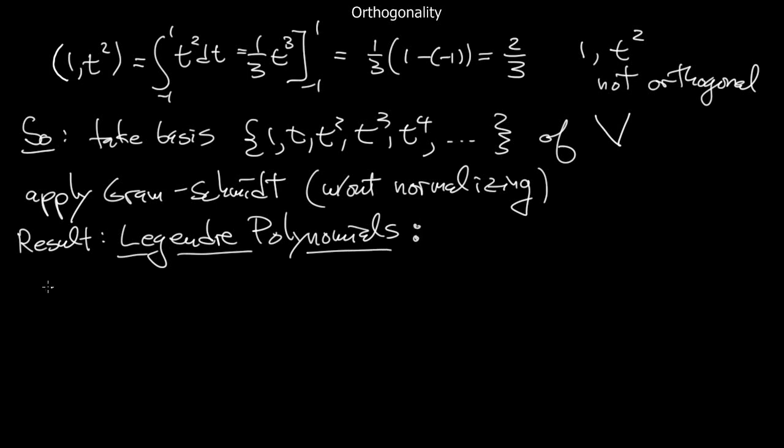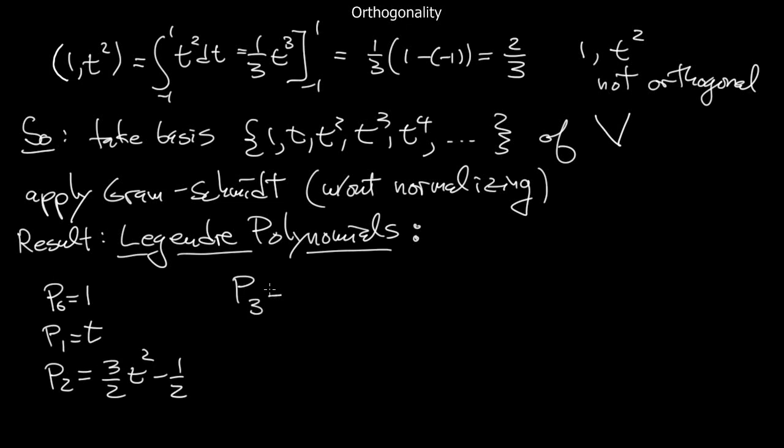For example, P0 is equal to 1, and P1 is equal to t, and P2 starts off with t squared, and then you have to subtract off 1/2. And then P3 starts off with something involving t cubed, and then you have to subtract off something involving t. And P4 starts with some multiple of t to the 4th, which turns out to be this.